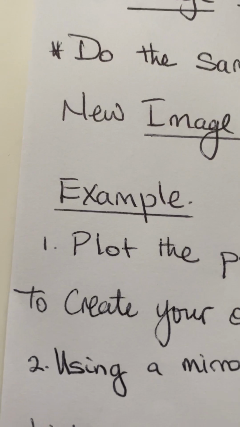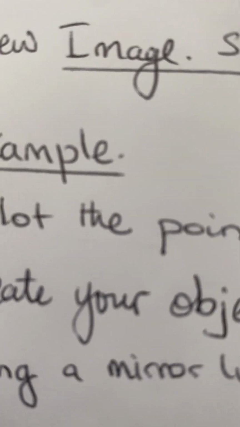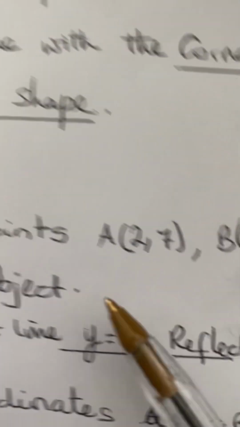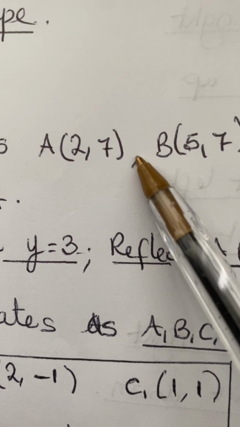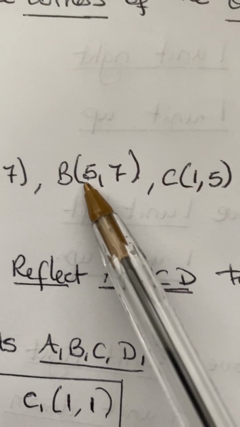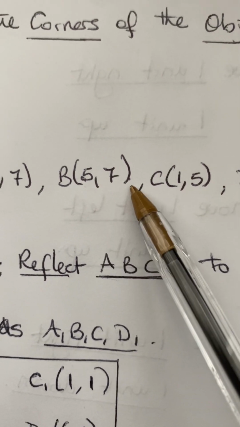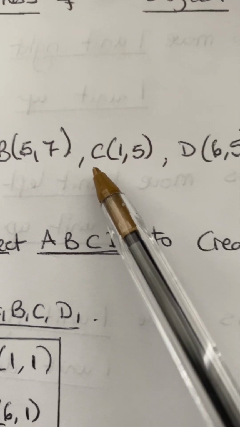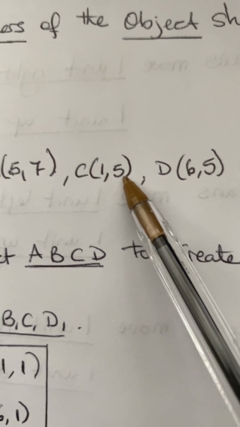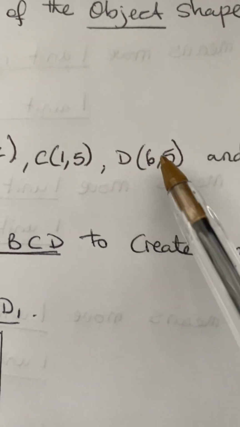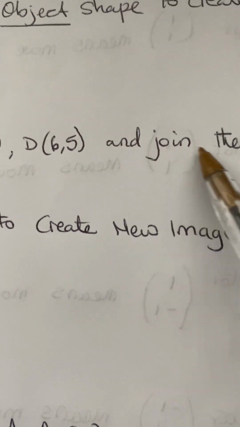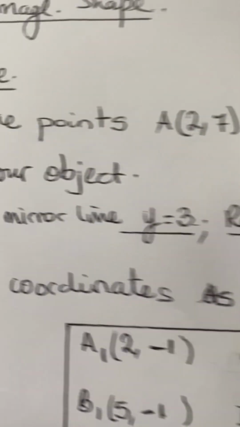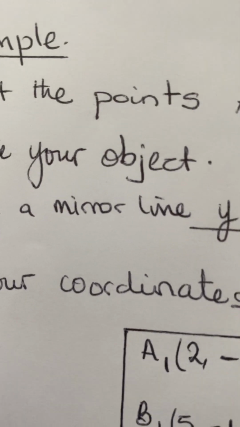First of all, they've asked you to plot the points A(2,7), B(5,7), C(1,5), and D(6,5), and join them to create your object.